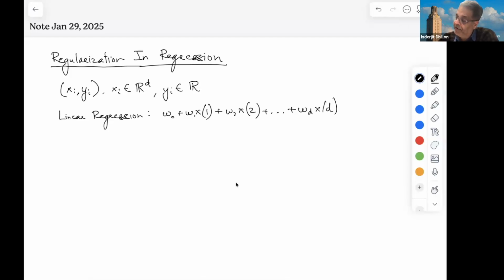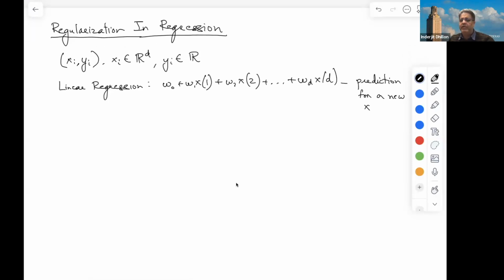It's the prediction for a new unknown x value. Now, even though I've called it linear regression, sometimes you can do nonlinear regression using this scheme.